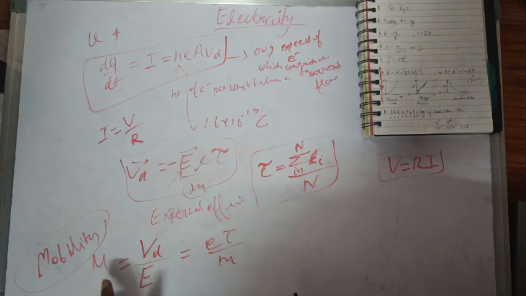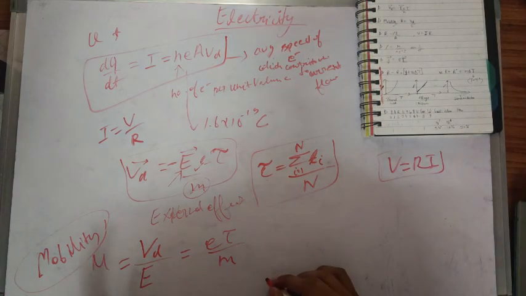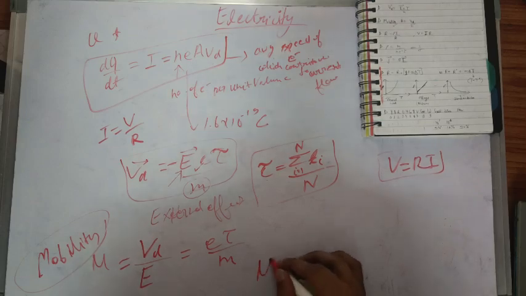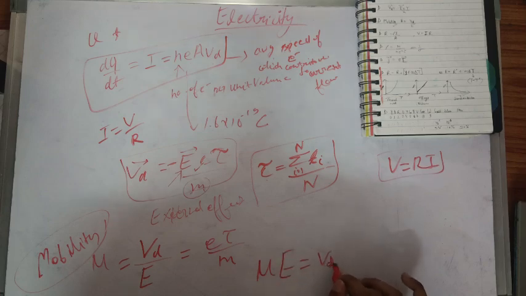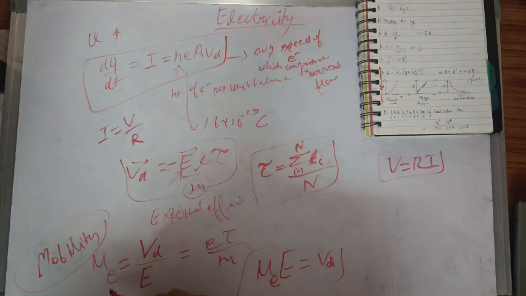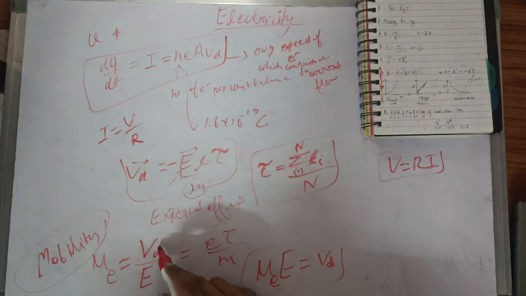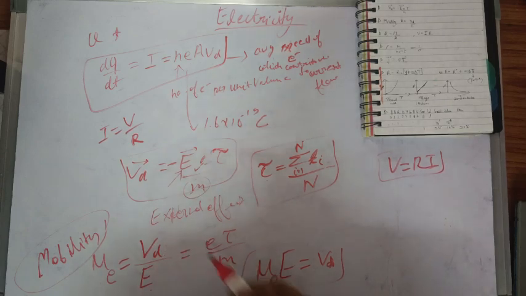Vd over E is the mobility. Now if I know the mobility in a conductor and the electric field is given, then I can tell the drift velocity of electrons. This is the mobility of electrons, it can be written as mu e, because this is the velocity of electrons, the velocity electrons gain divided by the electric field which causes them.